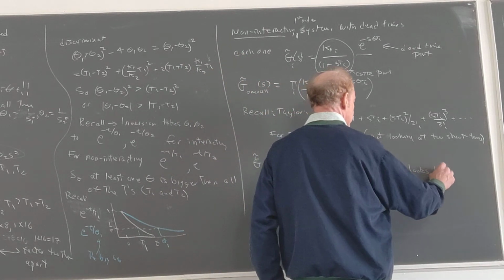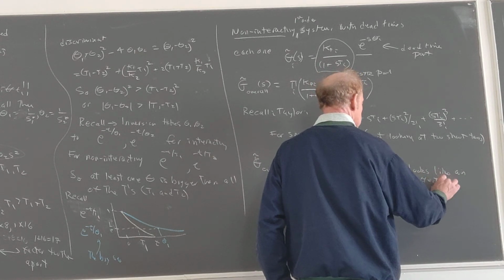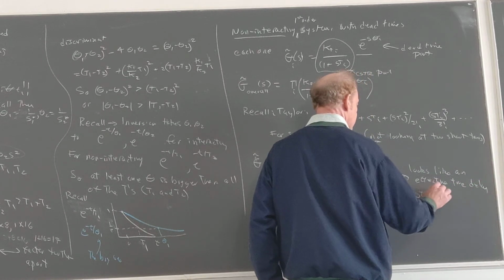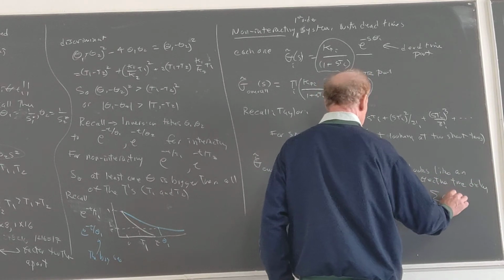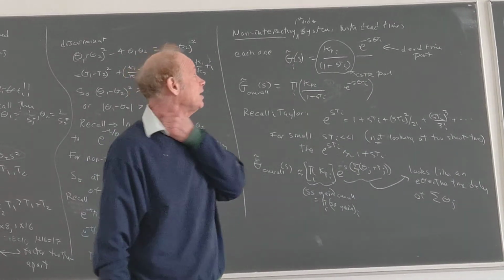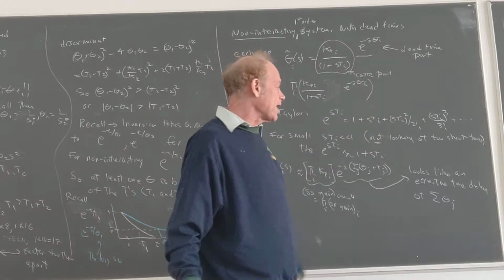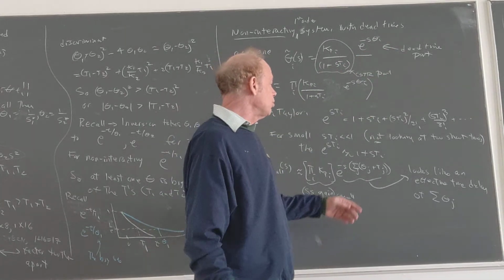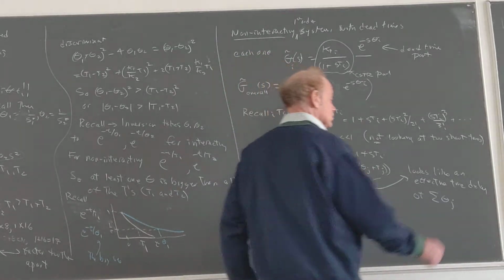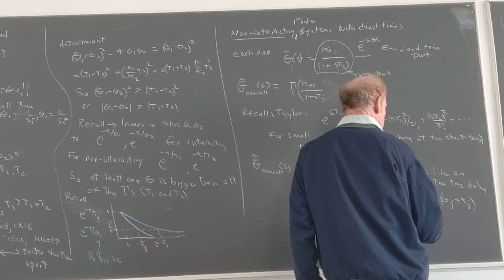It looks like an effective time delay, of not just the sum of the theta_j's, that is the intrinsic time delays, if you like, plug flow reactors, but also the tau's for the CSTRs.